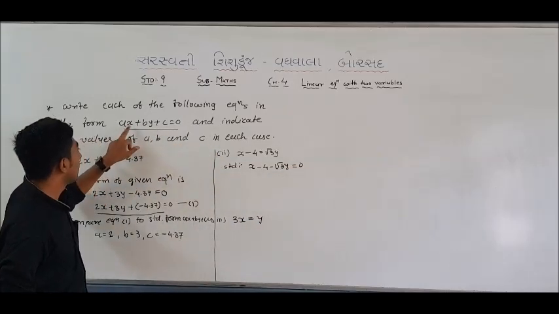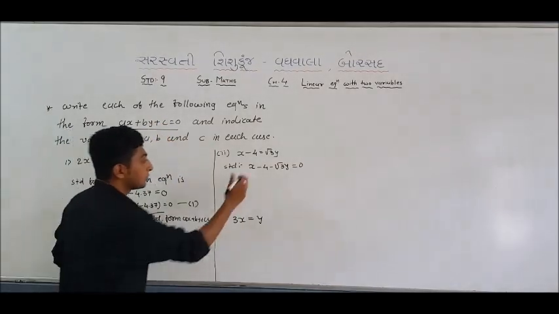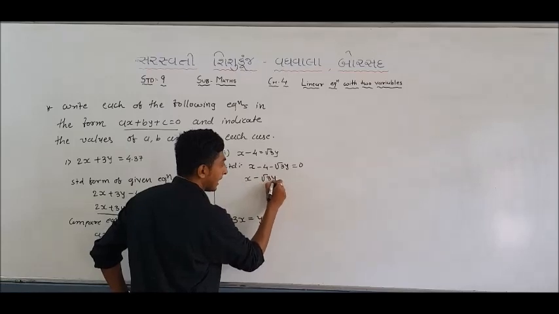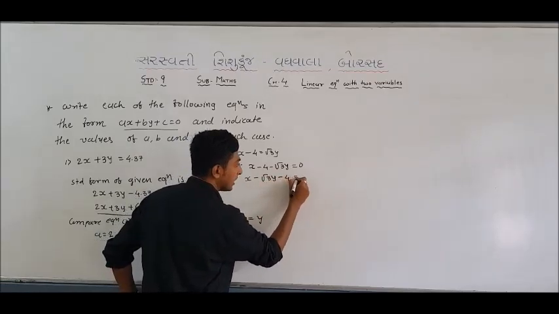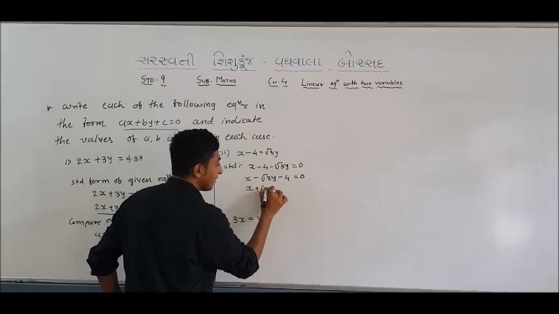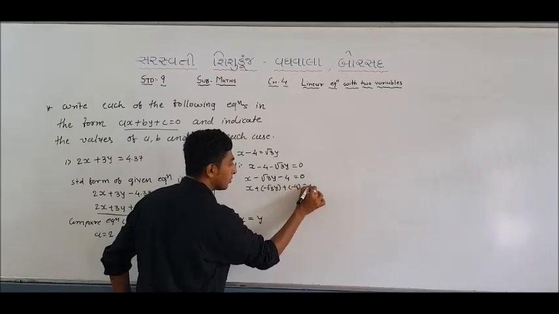Now let us see here, first term is x, second term is root 3y and last term is minus 4 equal to 0. We can also write that x plus minus root 3y plus minus 4 equal to 0.